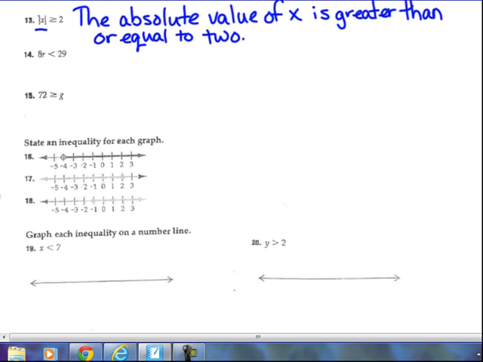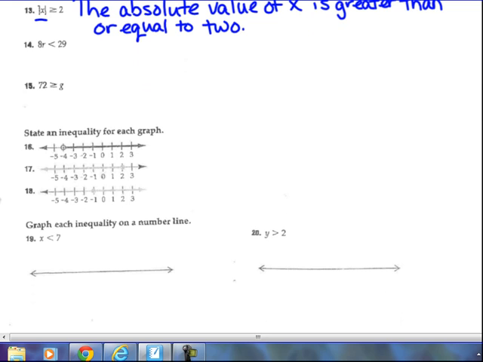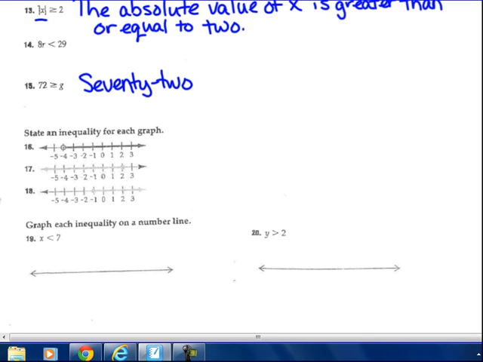Number 15 says 72 is greater than or equal to g. 72 is greater than or equal to g. 72 is greater than or equal to, what number is g, basically?